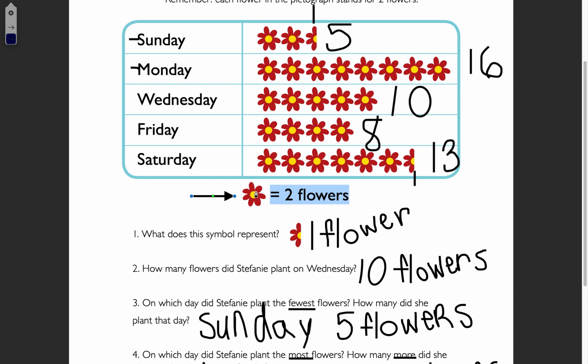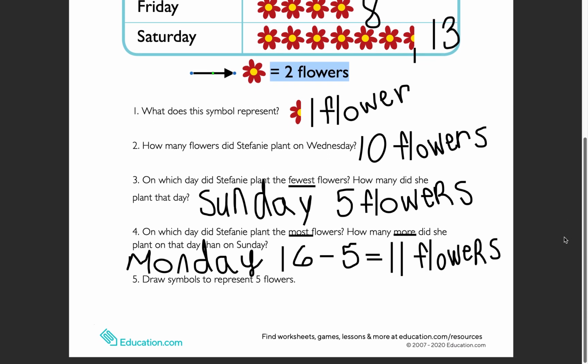Because whoever made this said the key is 2 flowers, so that would be way more than 5. So we have to use one of the half flowers. I will give you that clue. So why don't you, on your whiteboard or a piece of paper, see if you can draw the symbols for 5 flowers. And I will give you a couple seconds. And if you need more time, just pause the video. And remember, they don't have to be very beautiful flowers, just so you know that they're flowers.